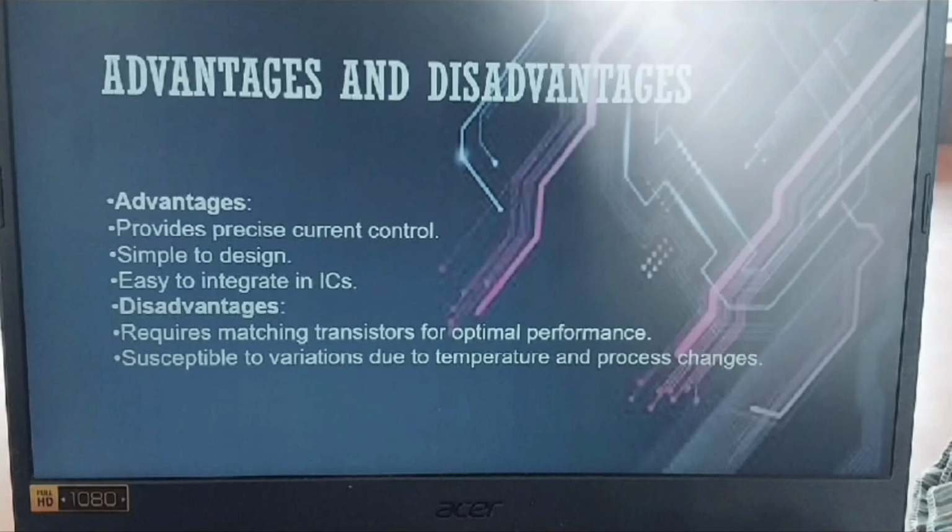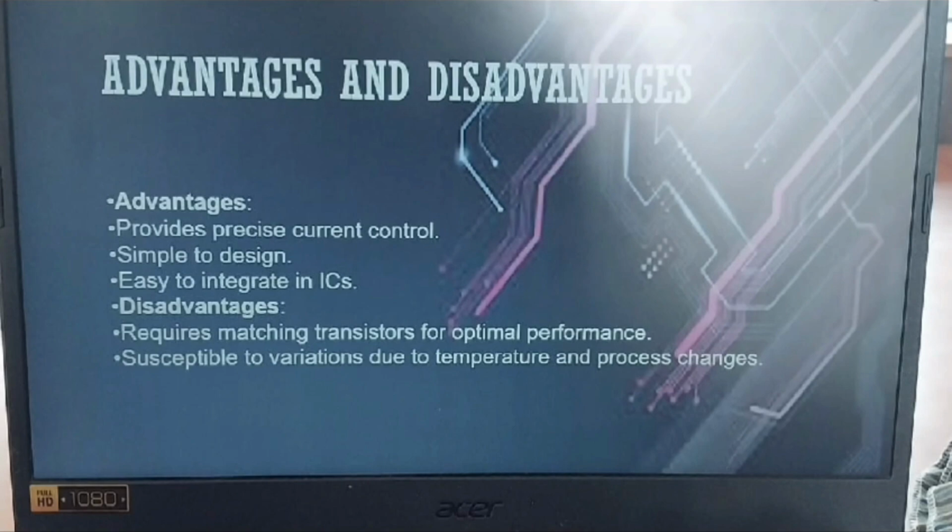As I said earlier, the first transistor and the second transistor must have the same configuration for optimal performance. It is also susceptible to variations due to temperature and process changes. The temperature should not be a problem for those two transistors.